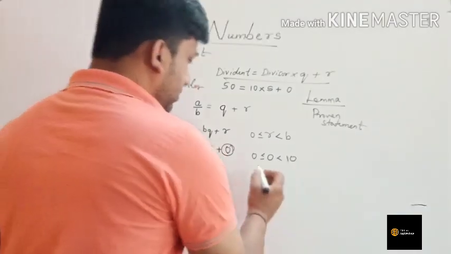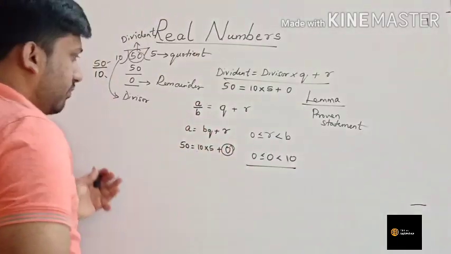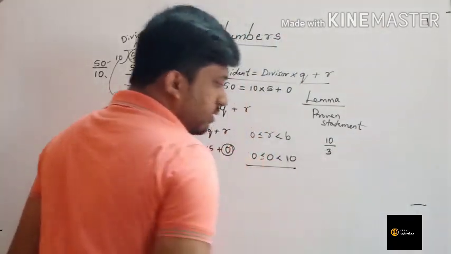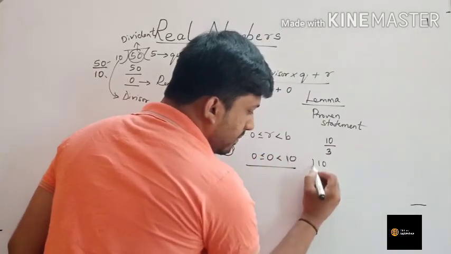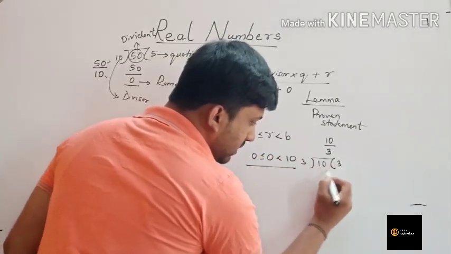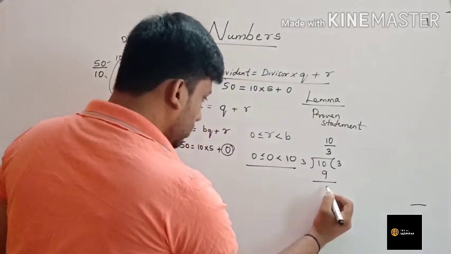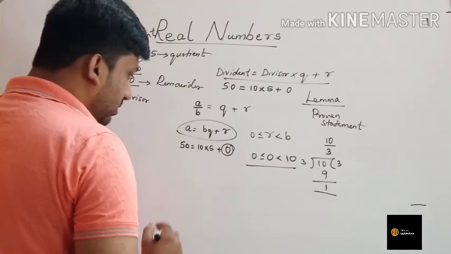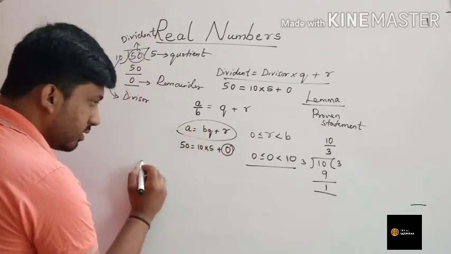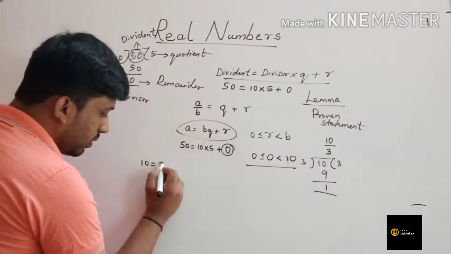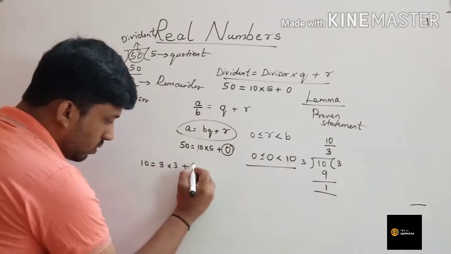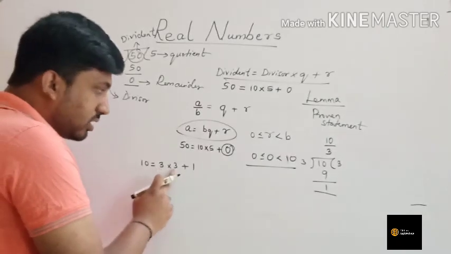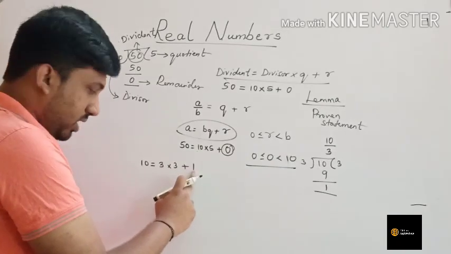Now if we consider any number, for example, we'll take 10 by 3. If we divide 10 by 3, it becomes 3 3s are 9 and the remainder is 1. So according to Euclid's division algorithm or Euclid's division lemma, 10 is equal to 3 into 3 plus 1, where 10 is some integer, 3 is some integer, and this 3 is quotient and 1 is the remainder.